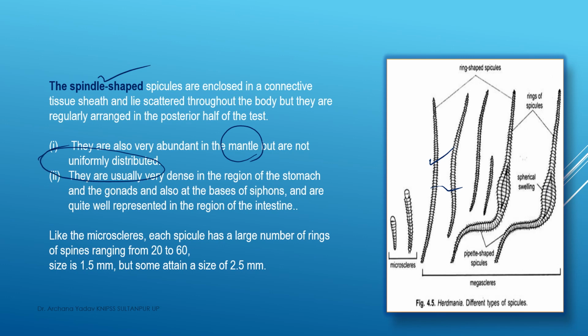They are found basically in bundle form, and they are usually dense in the region of the stomach, gonads, and at the base of the siphon. Their size ranges from 1.5 millimeter, but some may attain 2.5 millimeter.